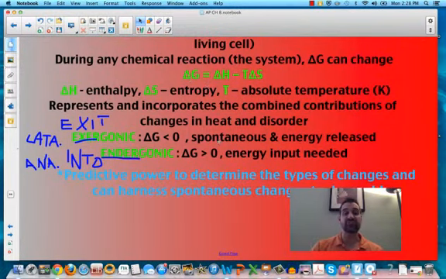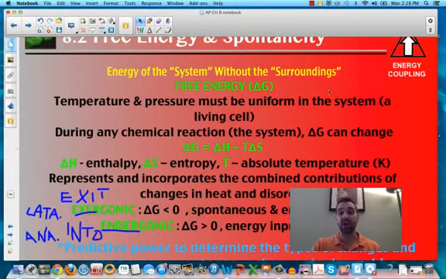Knowing the delta G of a reaction gives us a lot of prediction to determine the types of changes and how we can harness these changes to do work. It's important to note that if there is an endergonic reaction, we're going to need an input of energy. And if there's an exergonic reaction, we're going to need a place to put that energy. Okay, and the resolution and the answer to all of this is all going to be dealing with this idea of energy coupling.